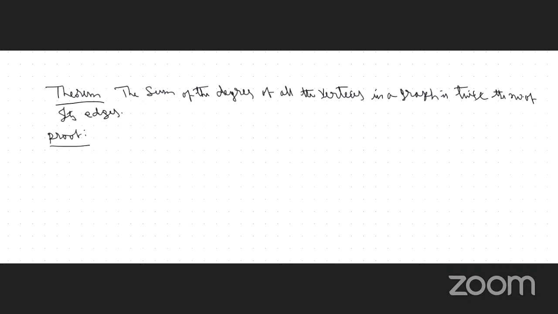Let G be a graph with n vertices V1, V2, and so on, and E edges.